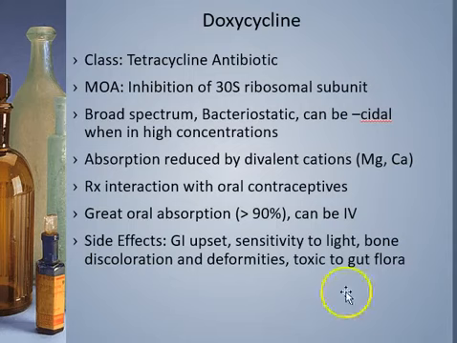The main side effects we typically think about with doxycycline and tetracycline are light sensitivity, as well as bone discoloration and deformities. And there's a classic story of young kids in rural parts of the world.